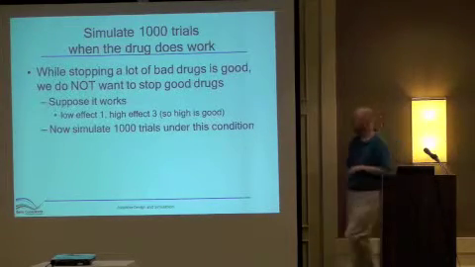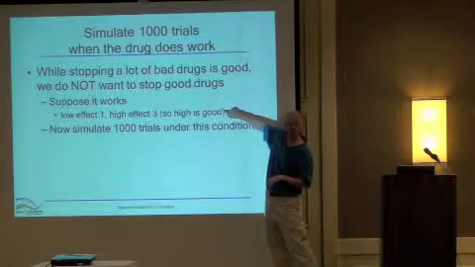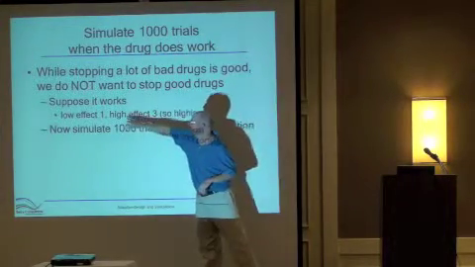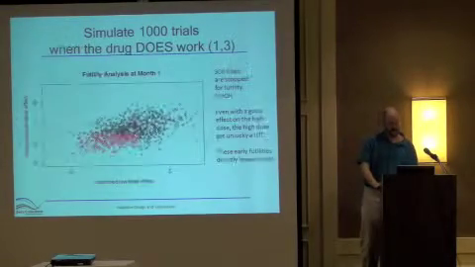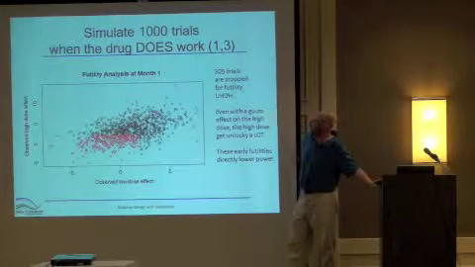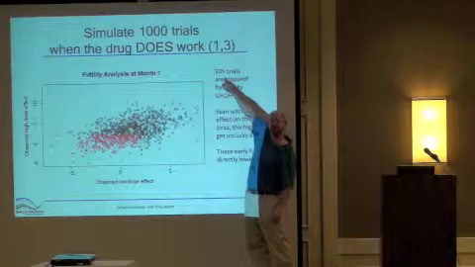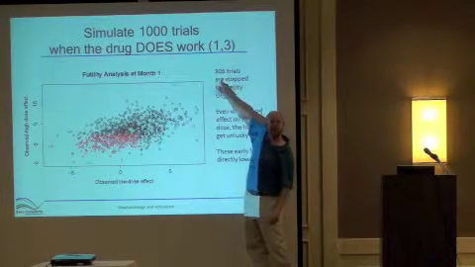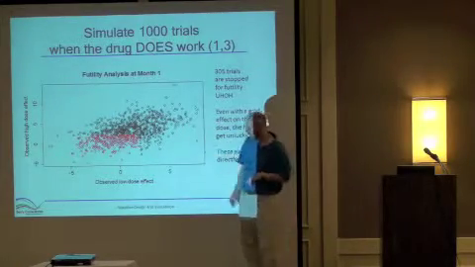The difficulty is when the drug does work. So let's get back to this situation. The low effect is 1, the high effect is 3. Well, now what happens? Now we end up in a situation where we actually stop 305 of the 1,000 trials. Look at the amount of variation.